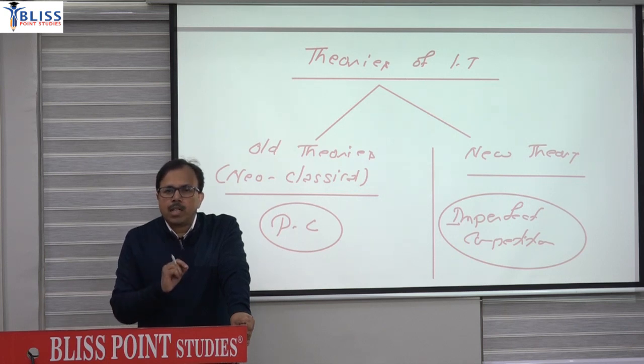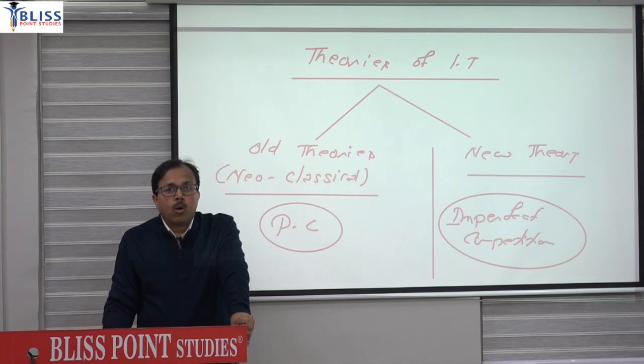Heckscher-Ohlin model will say that trade arises because different countries have different endowments of resources. Some countries are labor rich, some countries are capital rich, some products are labor intensive, some products are capital intensive. So trade arises due to difference in resources. Trade also arises due to difference in preference. So different theories will highlight why trade arises.